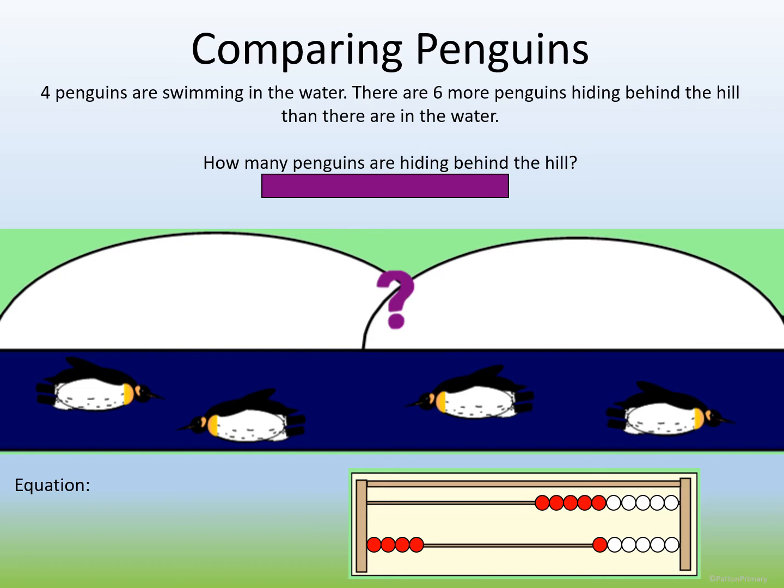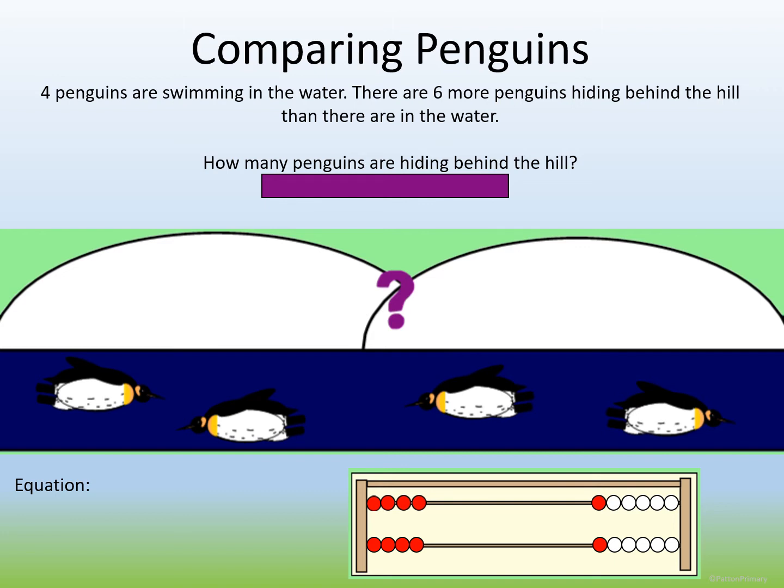Well, let's figure it out using the abacus. I moved 4 abacus beads to the left on the abacus to represent the 4 penguins that are swimming in the water. I'm going to move 4 more over to represent the 4 that are hiding behind the hill.